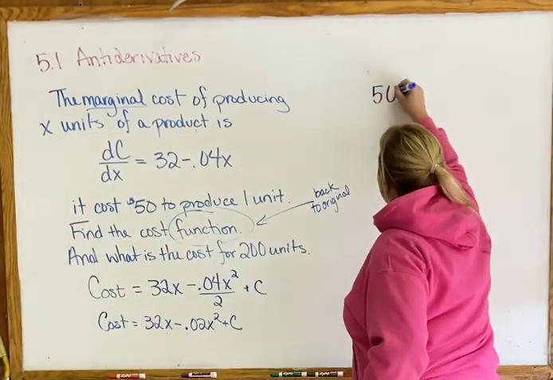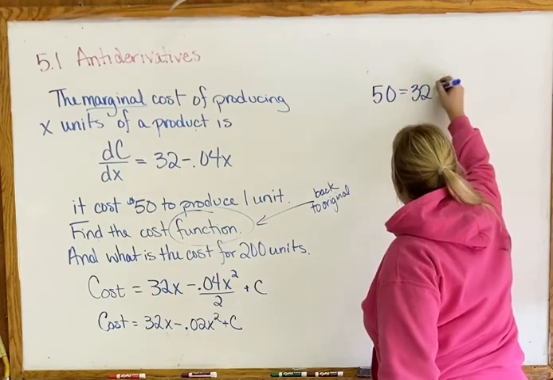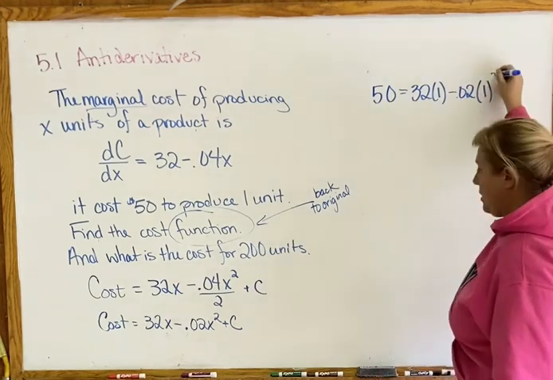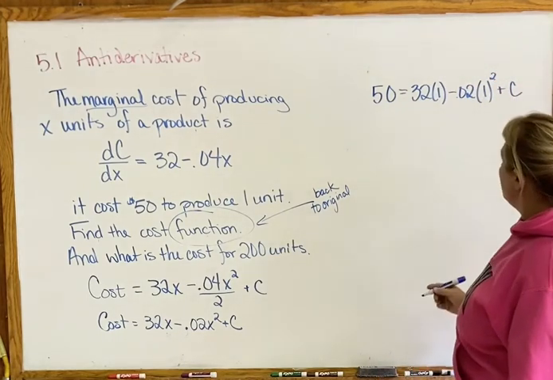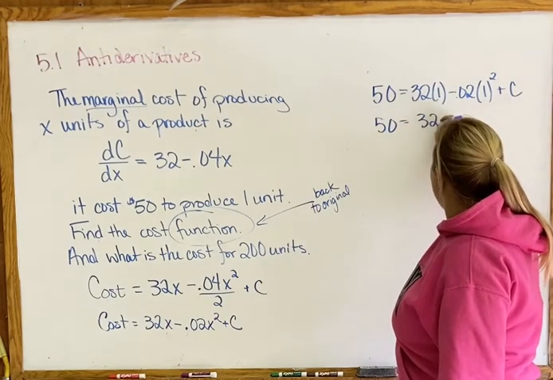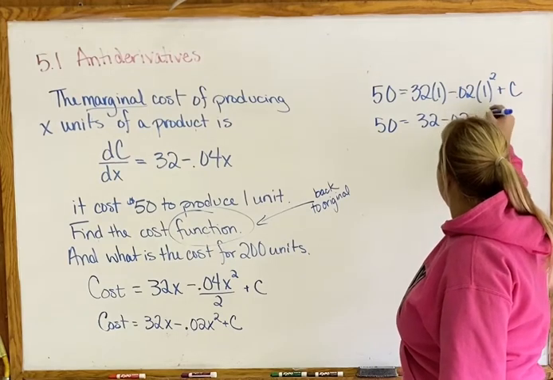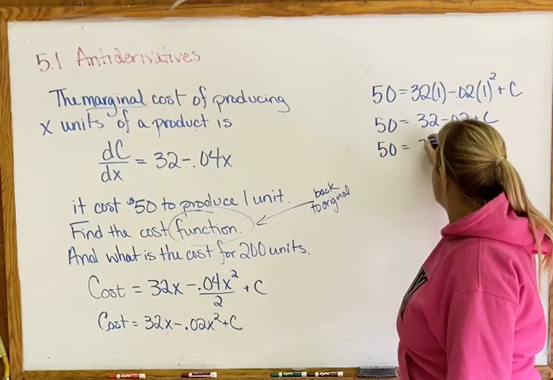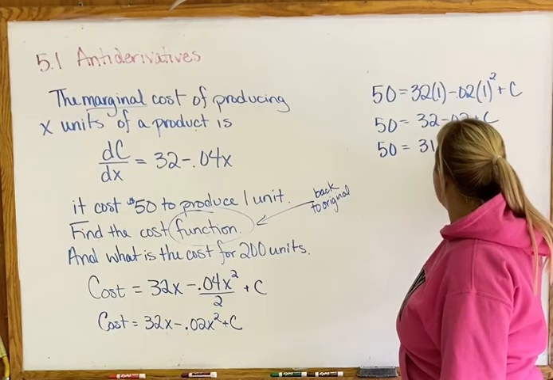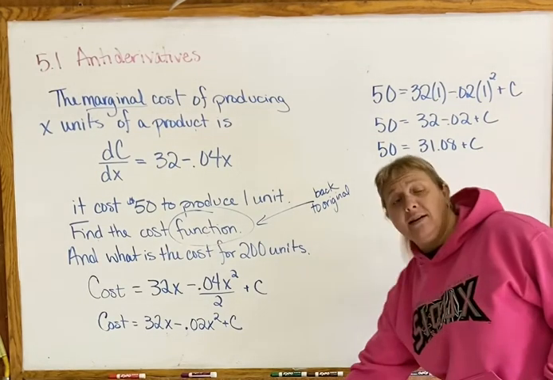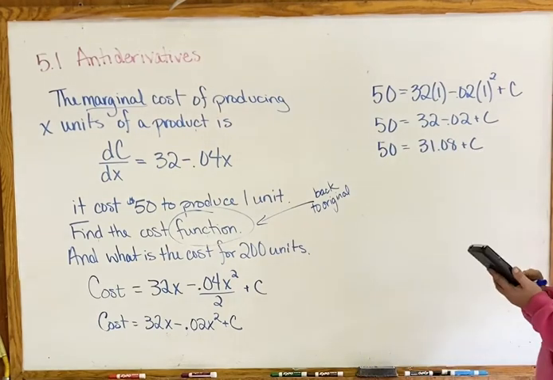So $50 equals 32 times 1 minus 0.02 times 1 squared plus C. So 50 equals 32 minus 0.02 plus C. So 50 equals 31.08... I'll just use the calculator.